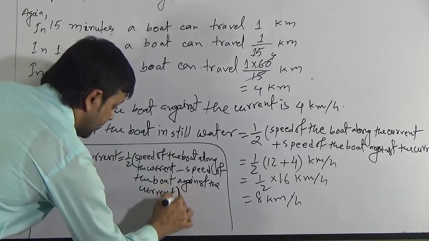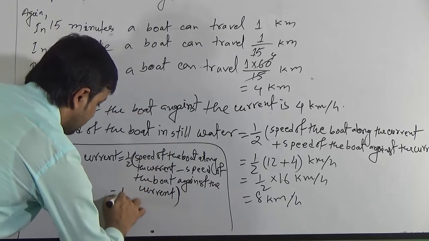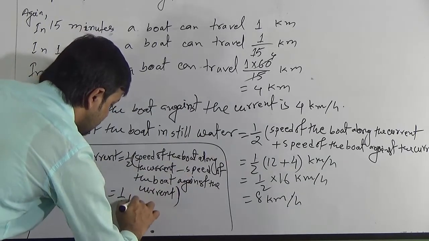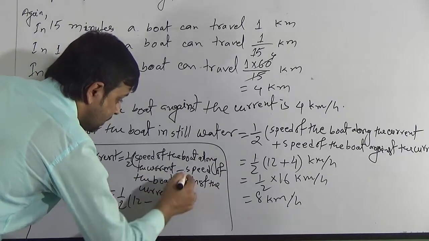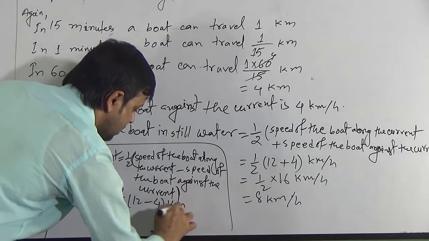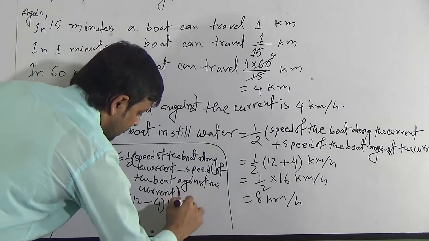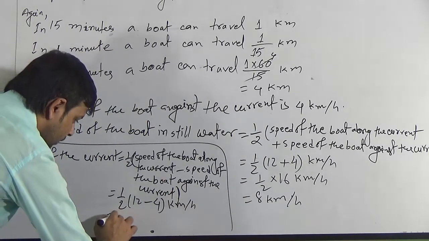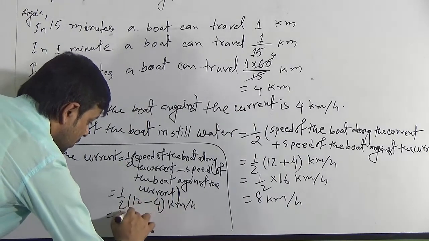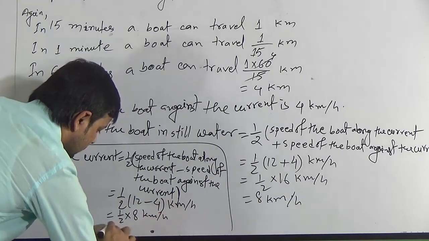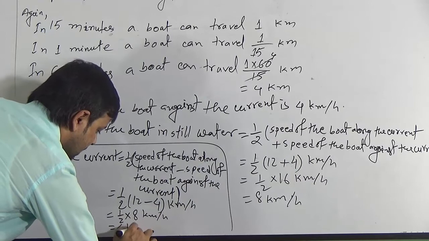So we can close the bracket here. So we can put half. Here speed of the boat along the current is 12 kilometer per hour and speed of the boat against the current is 4 kilometer per hour. So we can write here 12 minus 4 kilometer per hour, that is equal to half into 8 kilometer per hour, that is equal to 4 kilometer per hour.